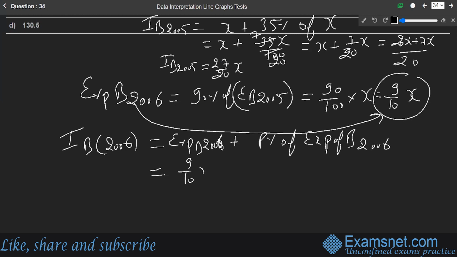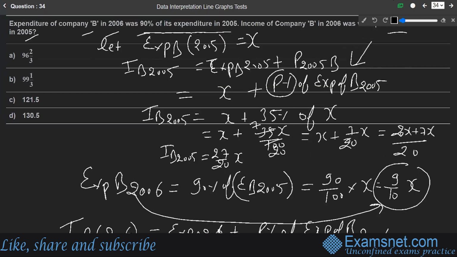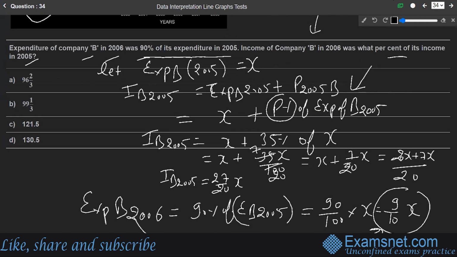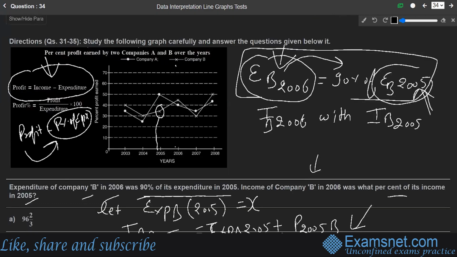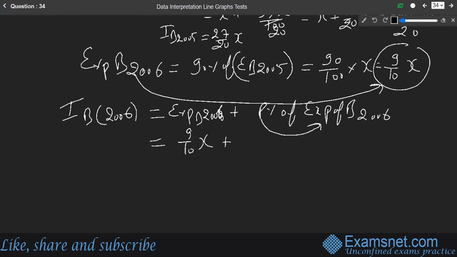So this is 9 by 10x plus profit percent of expenditure of B in 2006. Let us see the profit percent. For the profit percent of 2006 for company B, we have to see the graph. So P is represented by cross. In the line of 2006, the cross is represented between 40 and 50. So that is obviously 45%.